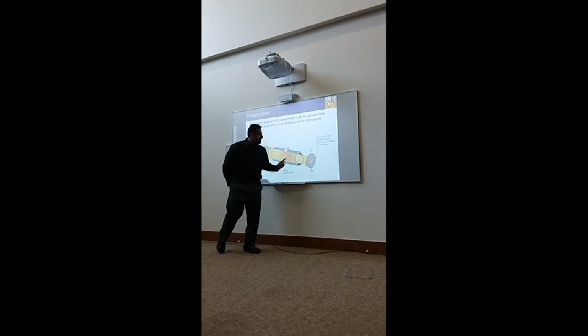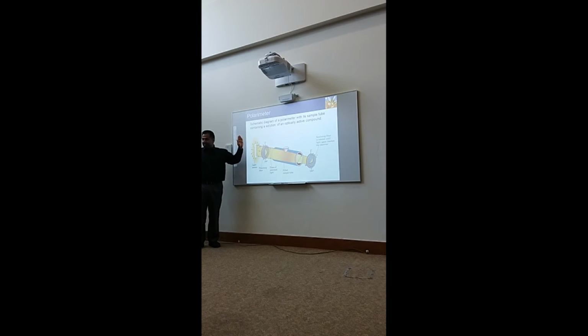Instead of being straight up and down, after they pass through the sample they rotate in a specific direction. This means the sample is capable of rotating polarized light, which indicates it must be chiral or optically active. If it's achiral, it will do nothing and the light will continue straight throughout.